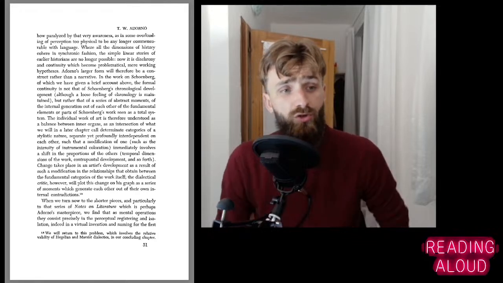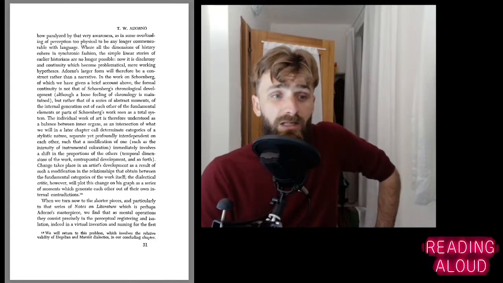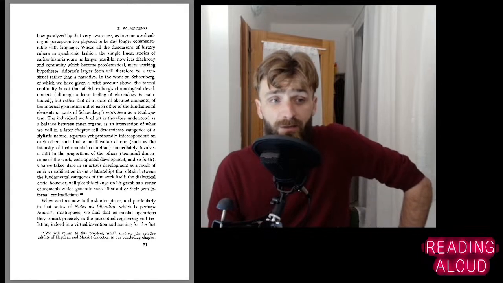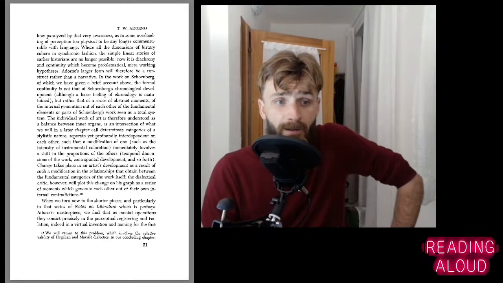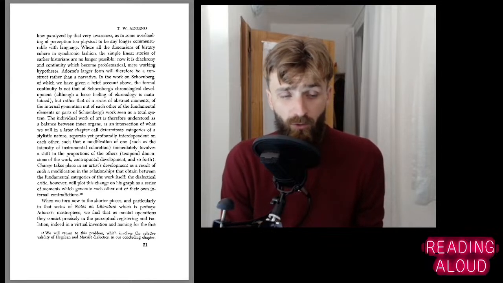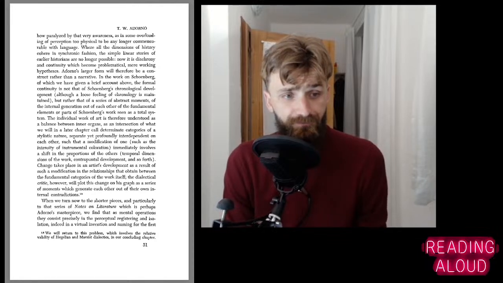In the work on Schoenberg, of which we have given a brief account above, the formal continuity is not that of Schoenberg's chronological development, although a loose feeling of chronology is maintained, but rather that of a series of abstract moments, of the internal generation out of each other of the fundamental elements or parts of Schoenberg's work seen as a total system.